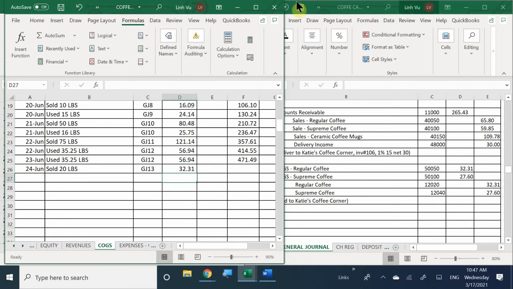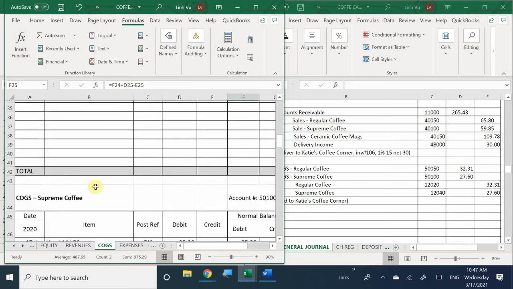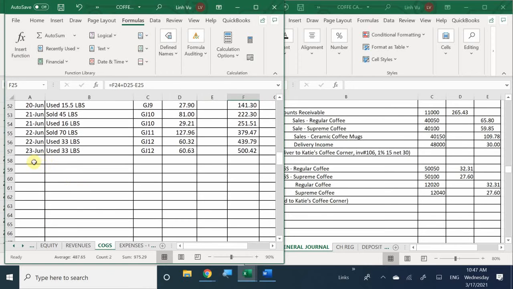So what is my grand total here? 503.80. Good. And here I sold 15 pounds for 27.60. Leaving my ending balance to be 476.20.